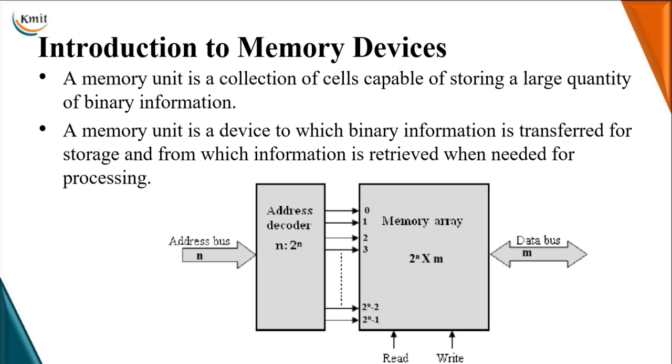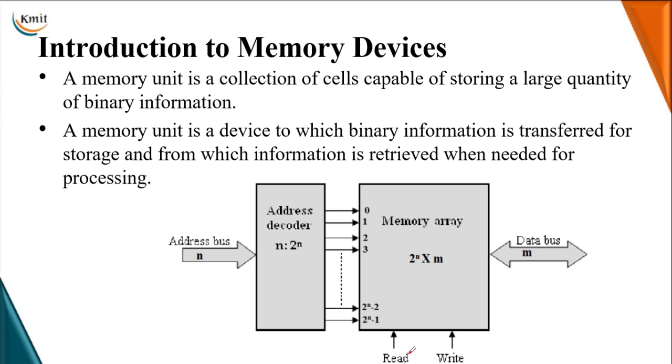Based on the control signals, read or write, you can enter new data into the selected memory location. That data will be provided through the data bus. The input devices will transfer the data bits through this data bus, and they will be loaded into the particular memory location using the address bus.